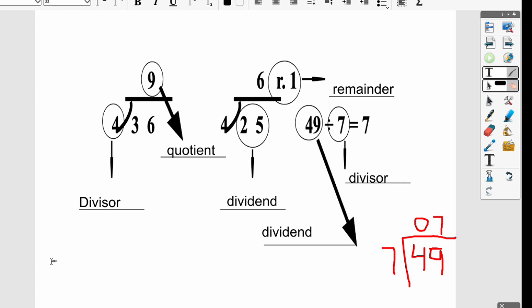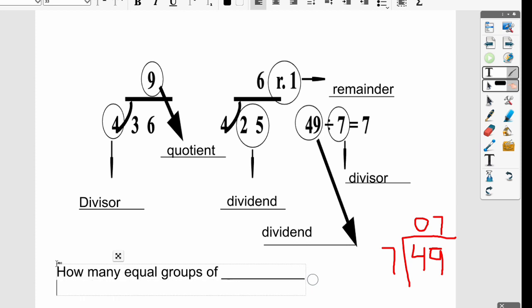And the question is, how many equal groups of, and then whatever your divisor is, you say that number. How many equal groups of blank can you make out of blank? And this number here is going to be the dividend.